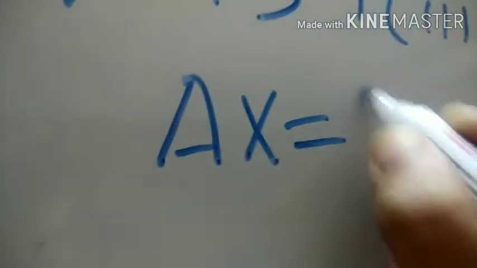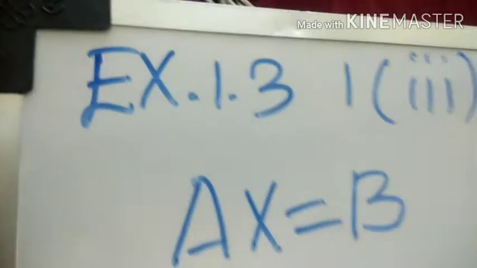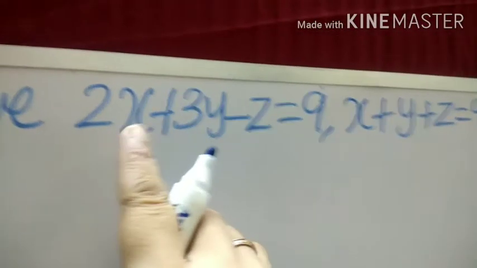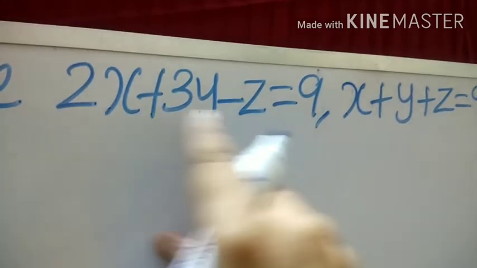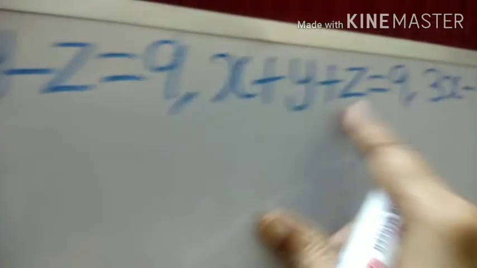So what do you mean by AX equal to B form? A is all the numbers in the equation. So here I have 2, 3, minus 1. Second equation, 1, 1, 1.